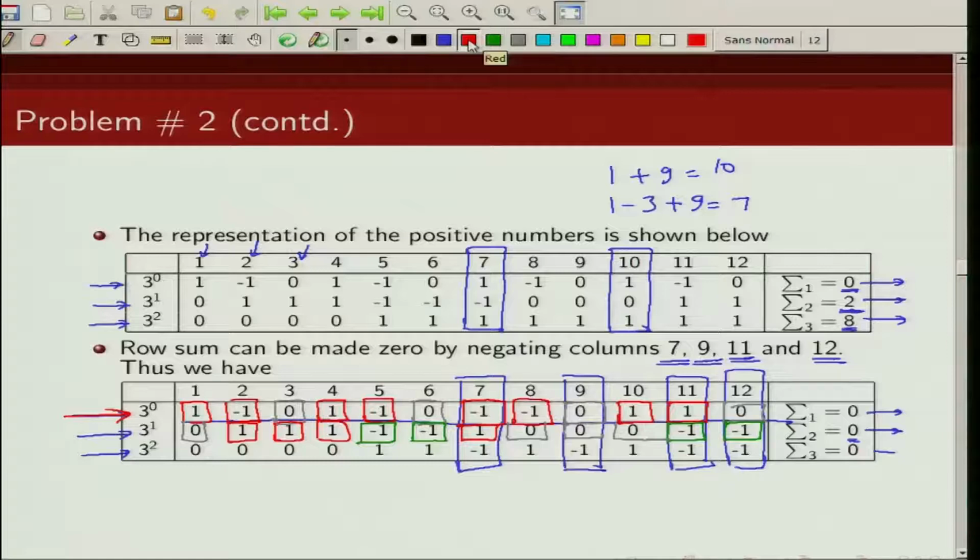Likewise, for the third weighing, I am going to put coin number 5, 6, 8, 10 in the right pan, and coin number 7, 9, 11 and 12 in the left pan, while coin number 1, 2, 3, 4 are not put in any pan.